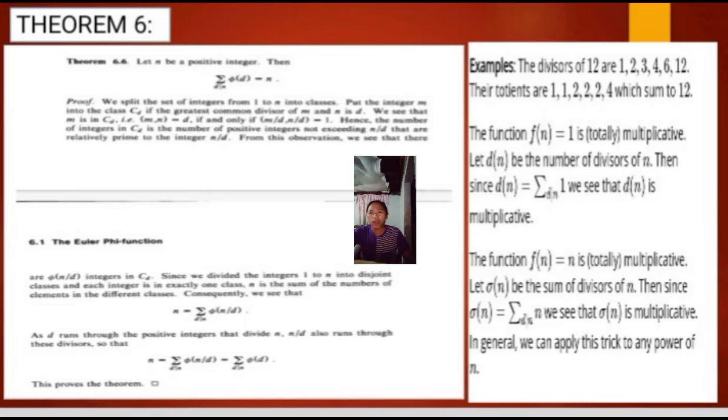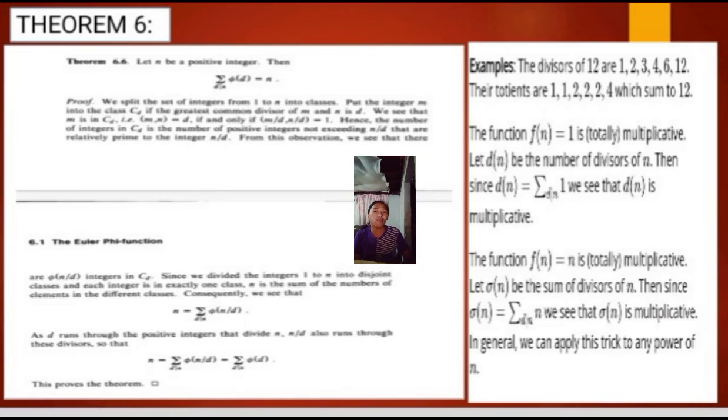To give another proof of that statement, we split the set of integers from 1 to n into classes. Put the integer m into the class C_d if the greatest common divisor of m and n is d.